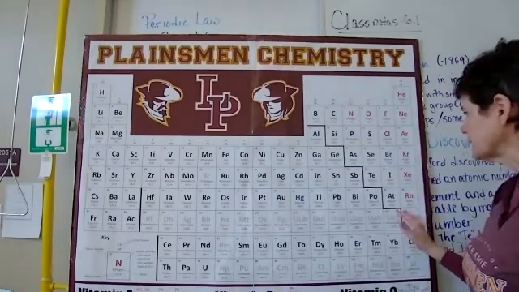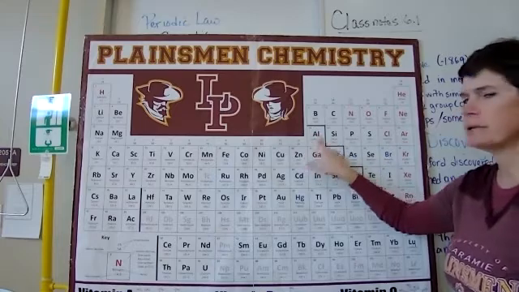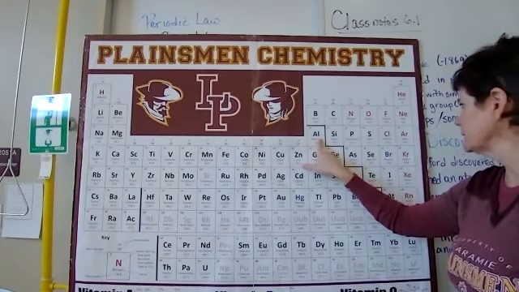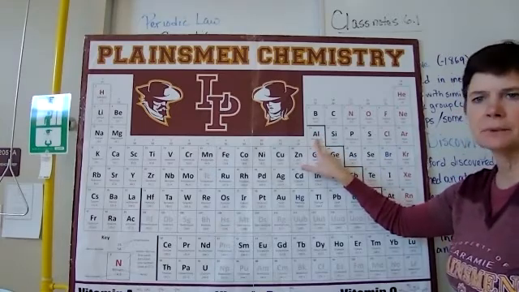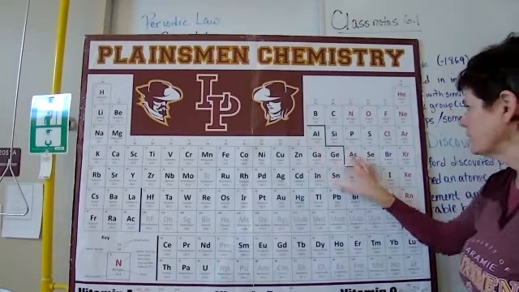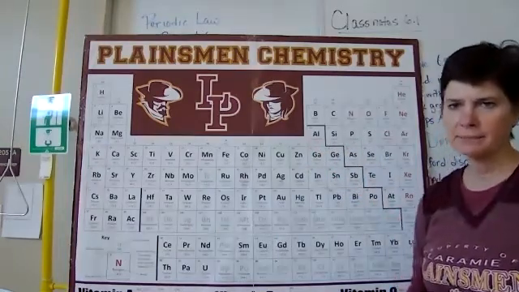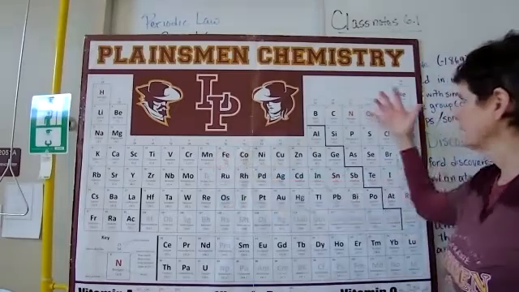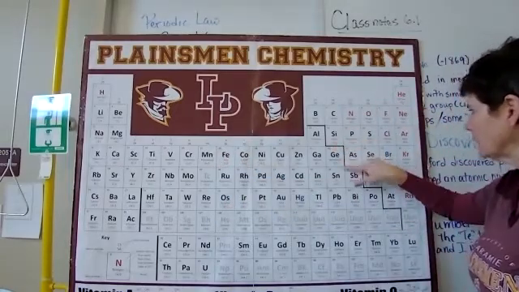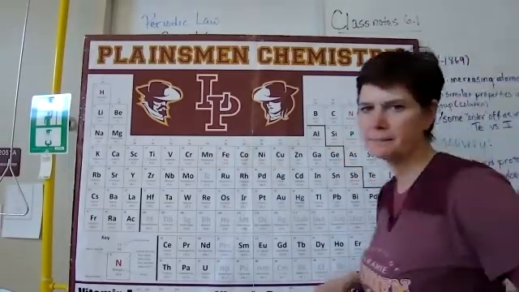So there are a couple of exceptions there. Aluminum, even though it's touching the stair-step line, is considered a true metal, okay? But others that are touching the stair-step line would be considered metalloids. So metals, non-metals, and then metalloids would be touching the stair-step line, okay?